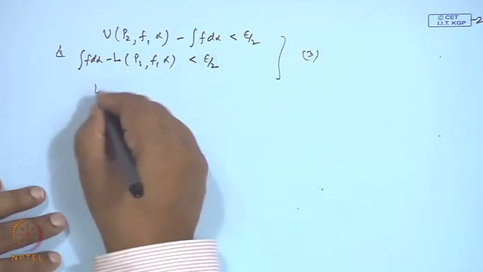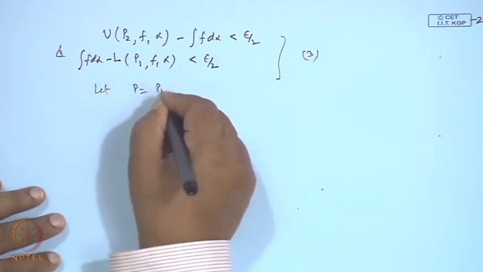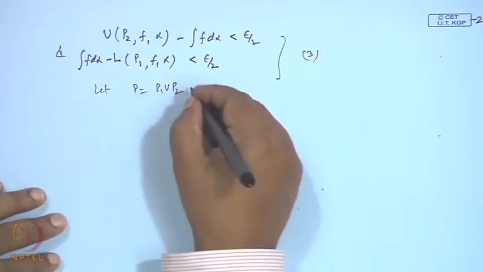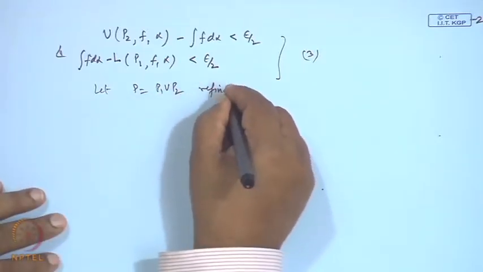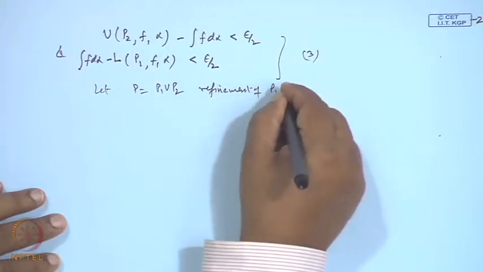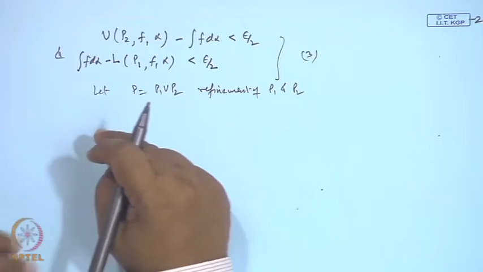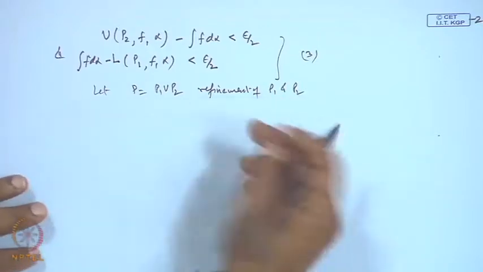Now, if we take the common partition, let P be P 1 union P 2. So, this is the refinement of P 1 and P 2. If this result holds for this, then for the refinement also we can get this general result.